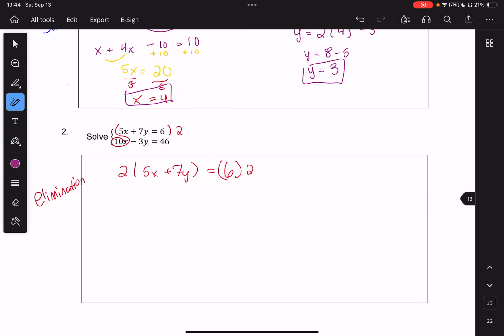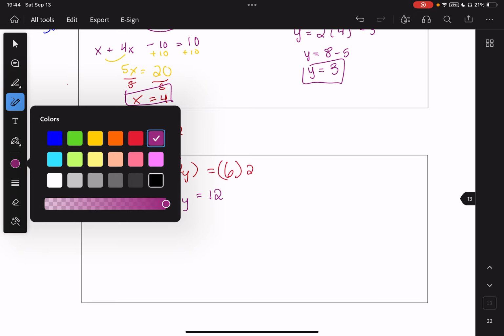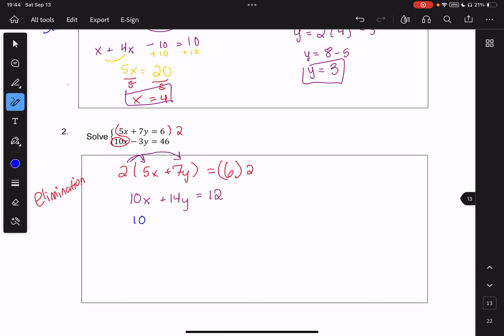And so what I mean by that is when we multiply by 2, we get 2 times 5x, which is 10x. 2 times 7y is 14y. And then that's equal to 12. So now that we do that, we take our other equation that we originally had, which is 10x minus 3y is equal to 46. And we can now subtract one of our equations from the other.